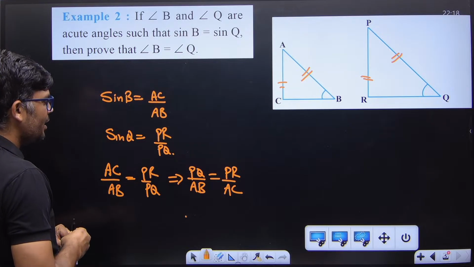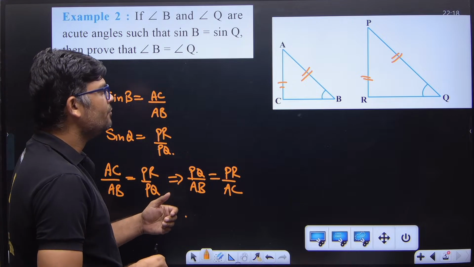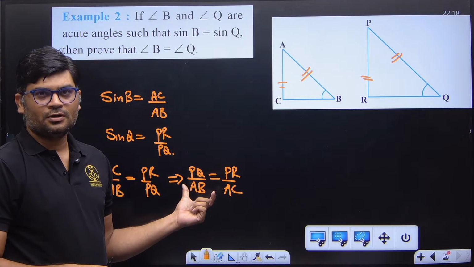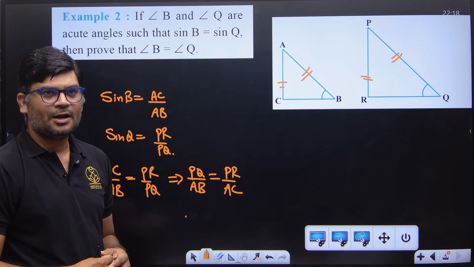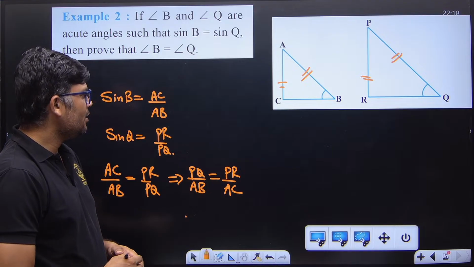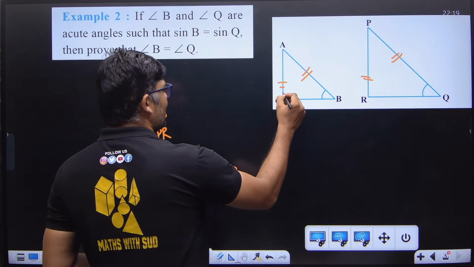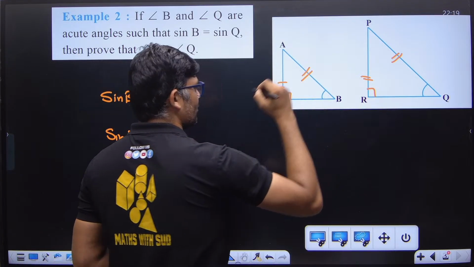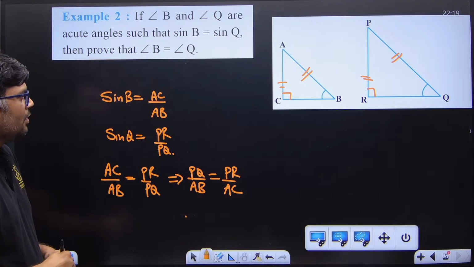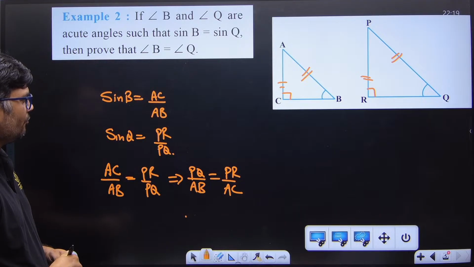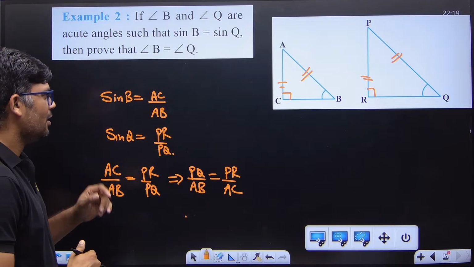So we can say that if two sides of a triangle are proportional, and this is a right angle as well. Wait. Okay, it is like this.